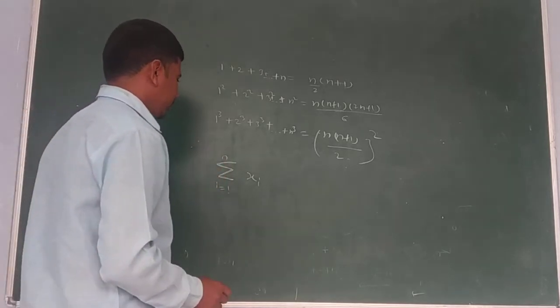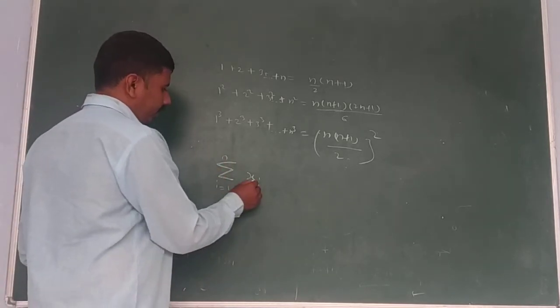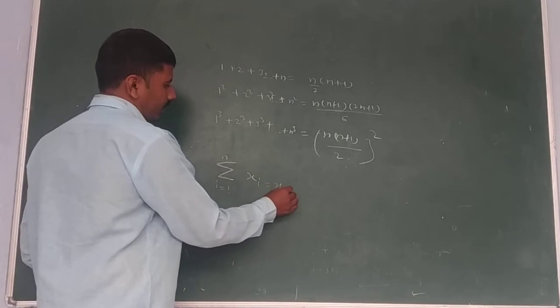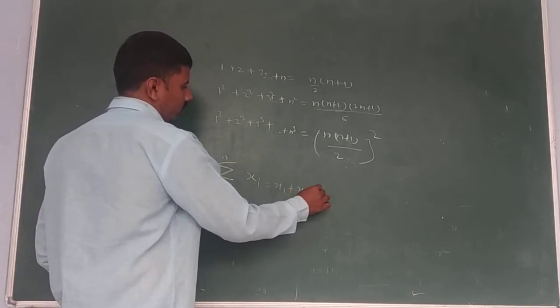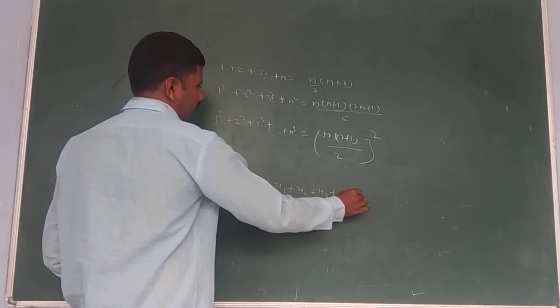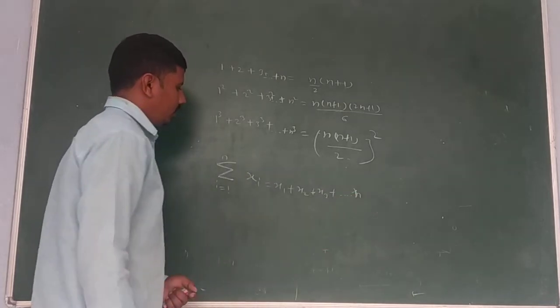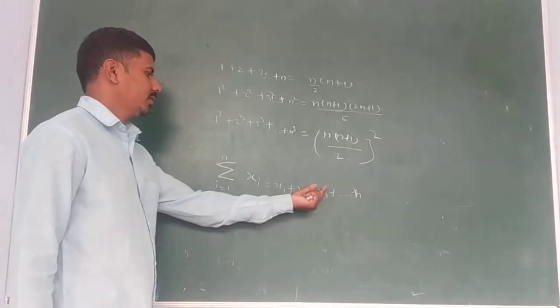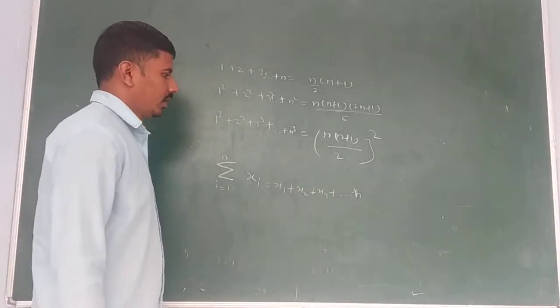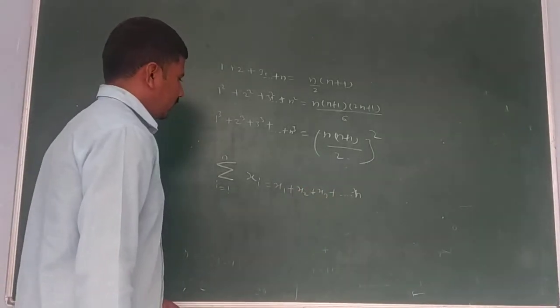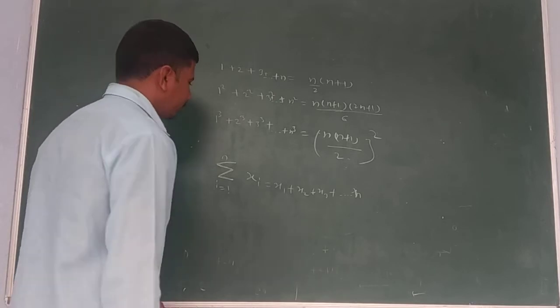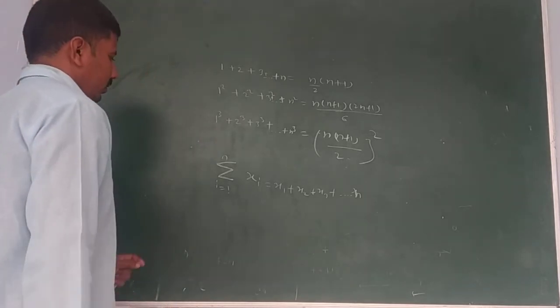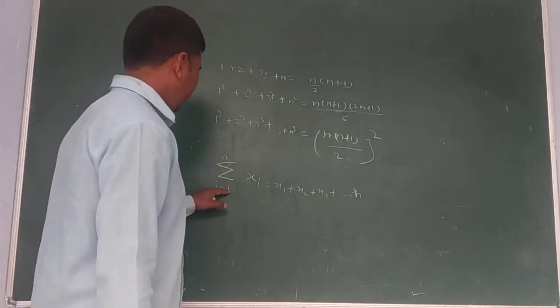That means we have to add x1, x2, x3 till xn. So the first term of x, second term of x, third term of x and so on till the nth term. In this summation, the series runs from 1 to n.